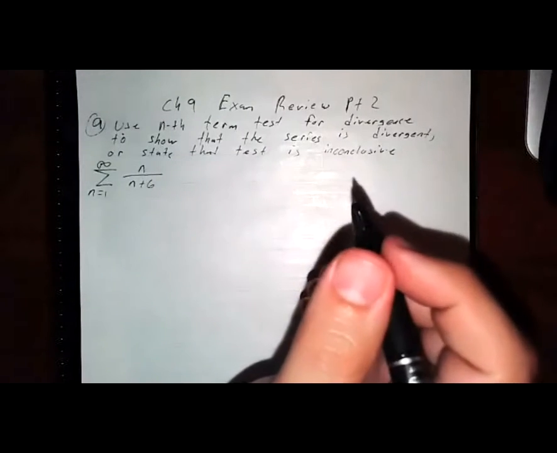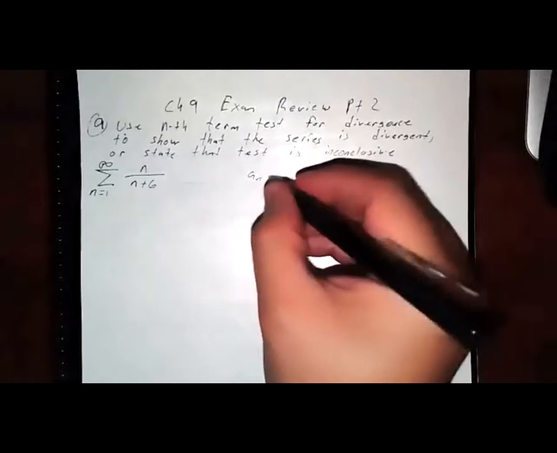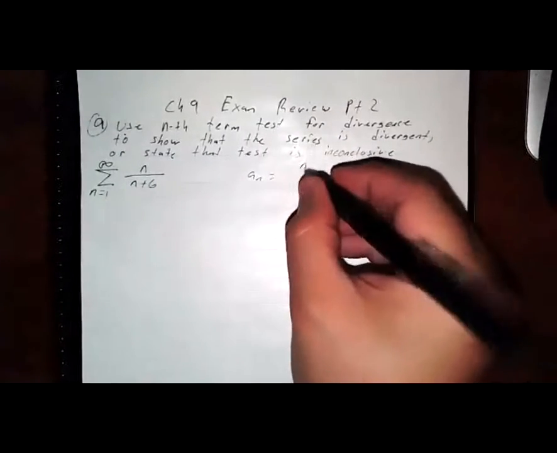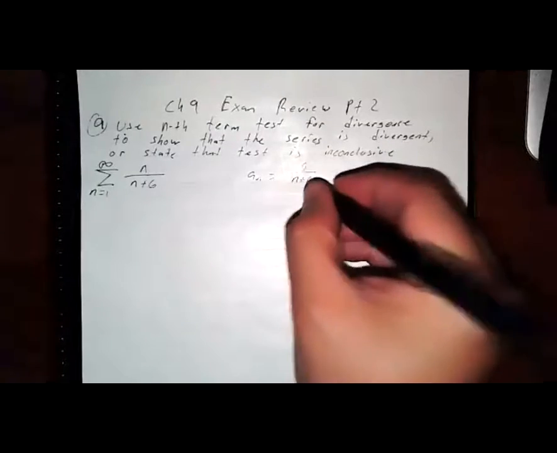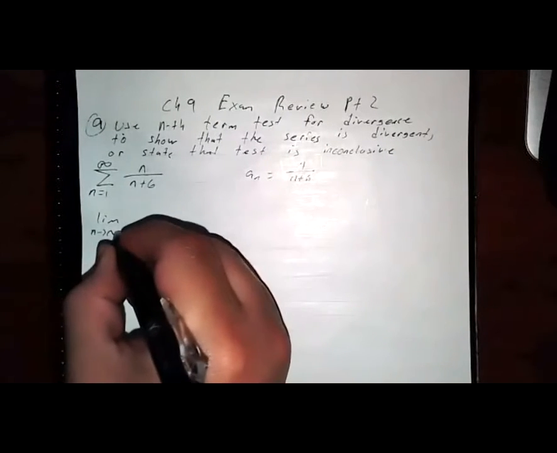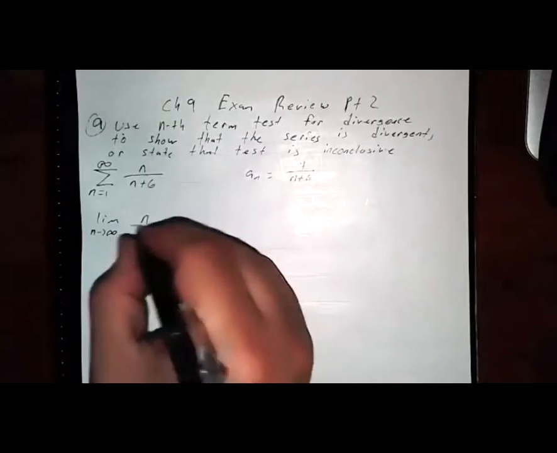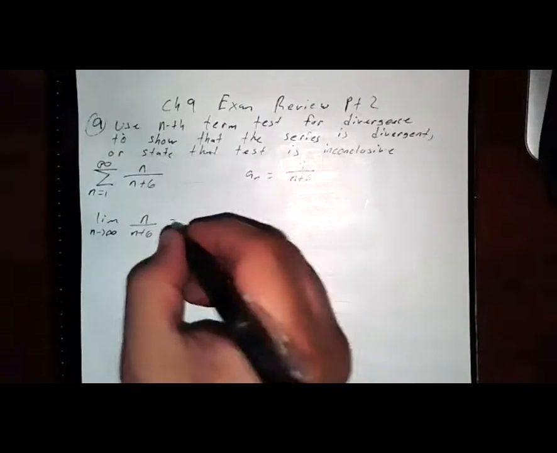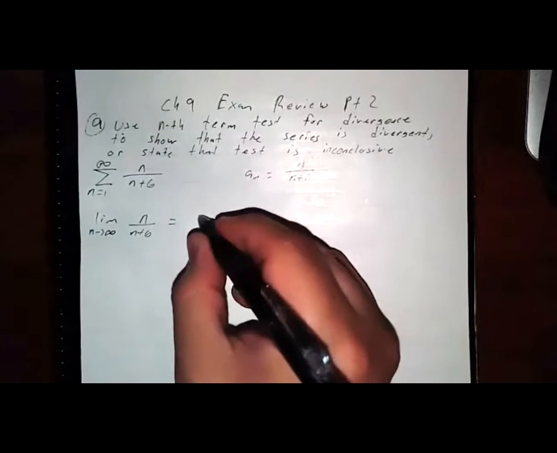Right, so the nth term test is literally just take this limit of the sequence a sub n. So you take the limit as n approaches infinity of n over n plus 6, which will end up being 1.